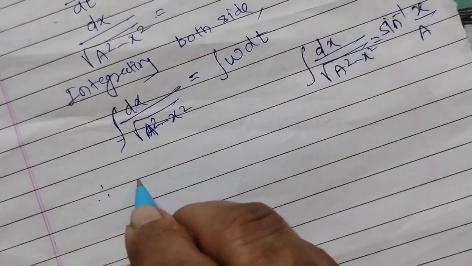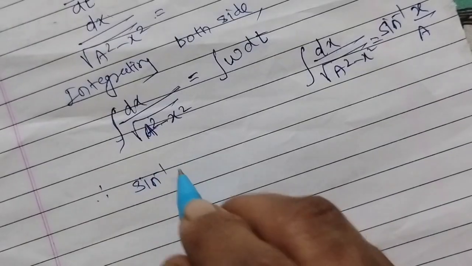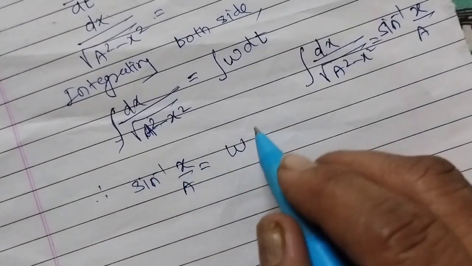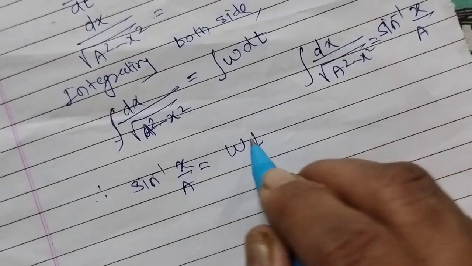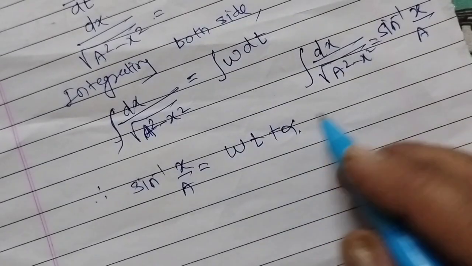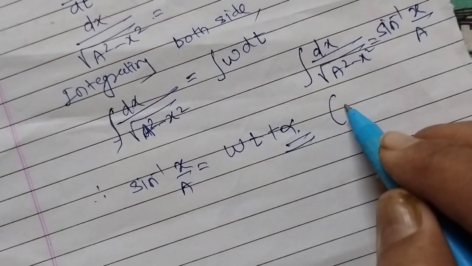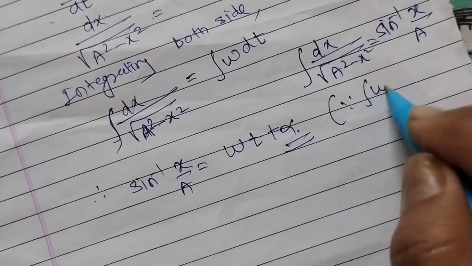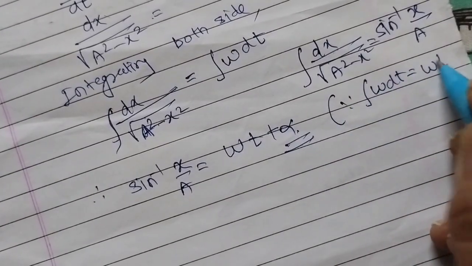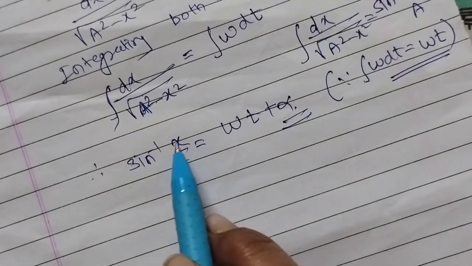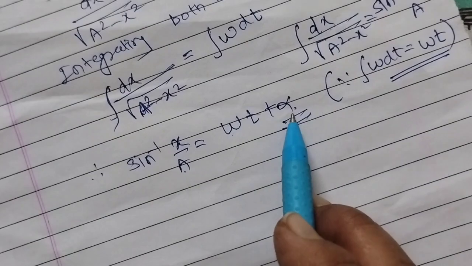So sine inverse of x upon a will be equals to omega, on integration of dt will be equals to t, plus alpha. Here alpha will be called the constant of proportionality. I just write here, since integration of omega dt will be equals to omega into t. You don't have to write this in the exam. So sine inverse of x upon a will be equals to omega t plus alpha.